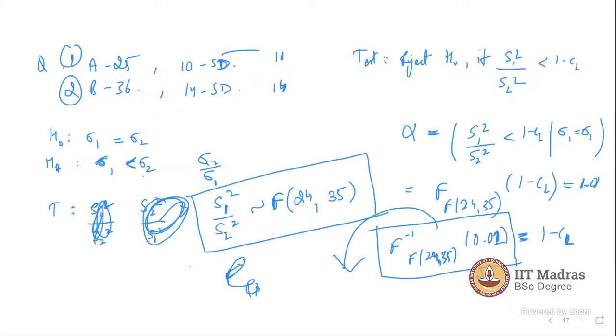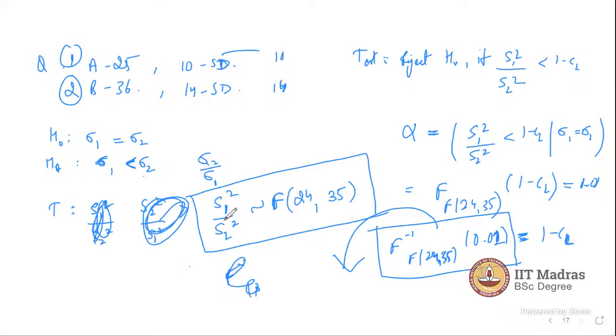It is given in the last one: find the level of significance that the variability in marks of class B is greater than that of A. So we have to find B is greater than A. So that's why we are taking S2 square upon S1 square. So you can take either S1 square upon S2 square or S2 square upon S1 square, it doesn't matter.